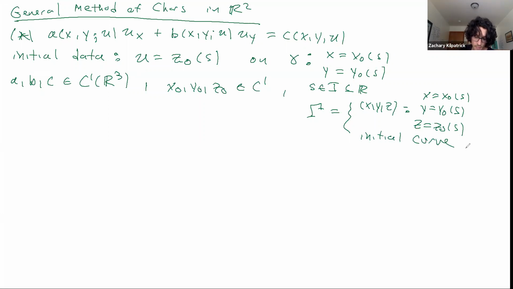Now, what we want to reveal by breaking this down is that we can take this PDE and turn it into a set of ODEs.